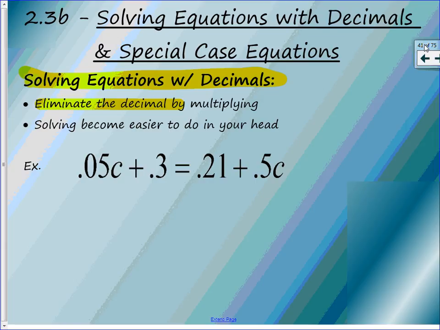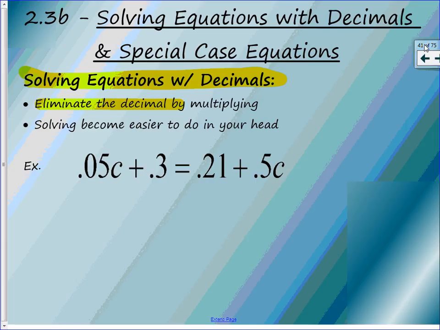And so what you have to do is take a look at your equation and consider what number you should multiply by so that you have no decimals anymore. So when you look at the different coefficients here, what place is the 0 in?